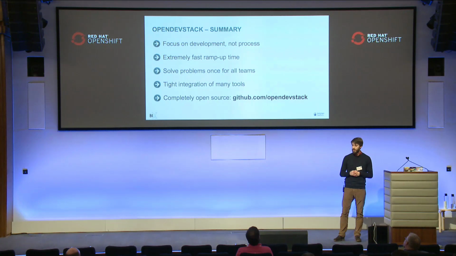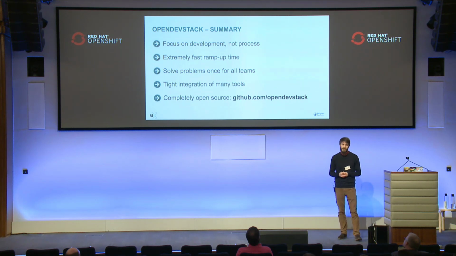And OpenDevStack tries to integrate tools very tightly. For example, the integration between OpenShift, Jenkins, and Bitbucket, I think, is very nice, that you get out of the box. And all of that, what I described, is completely open source, at github.com/OpenDevStack, and we basically run our DevStack just based on that.